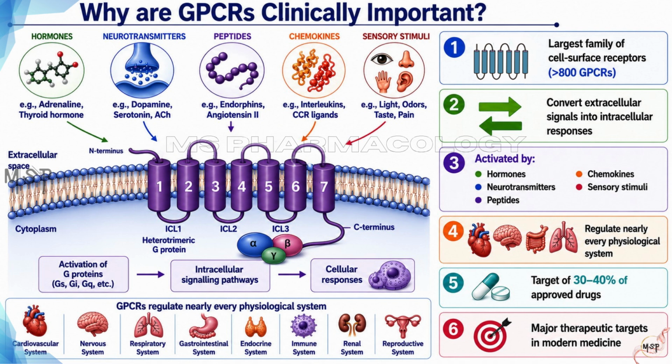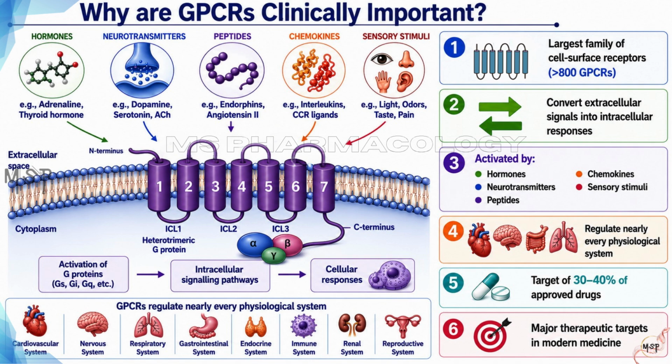Because of their widespread distribution and diverse physiological roles, approximately 30 to 40% of all approved drugs act by targeting GPCRs, making them one of the most important therapeutic target families in modern medicine.